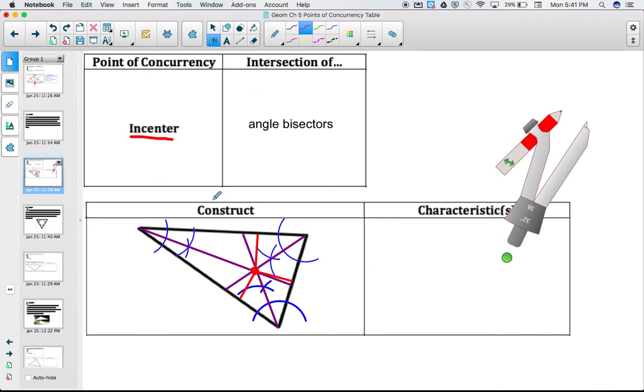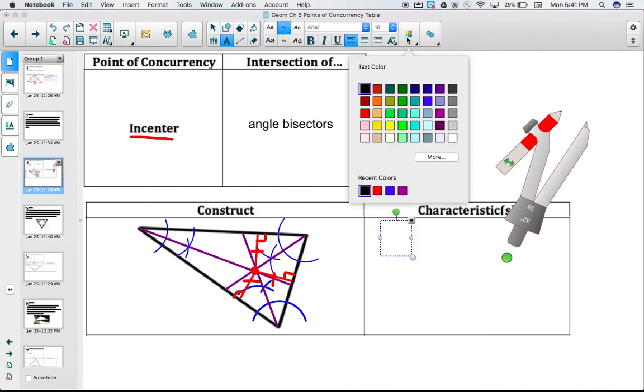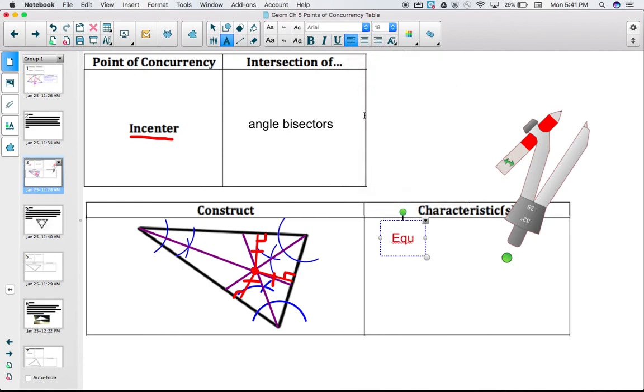Now that means that this distance, and this distance are all perpendicular from that point to the opposite side. So if you want to be equidistant from the sides, you would create the incenter of a triangle. So that's its main characteristic, is that it is equidistant.